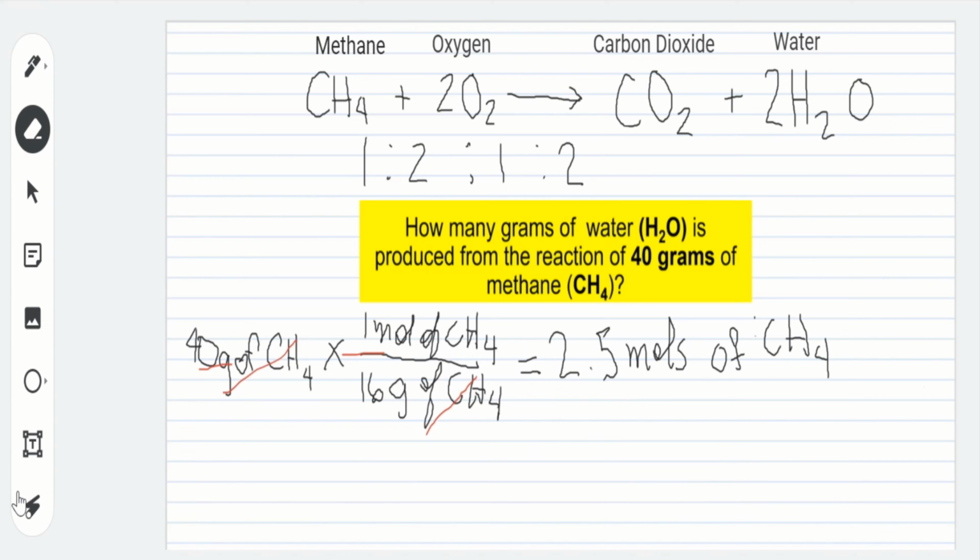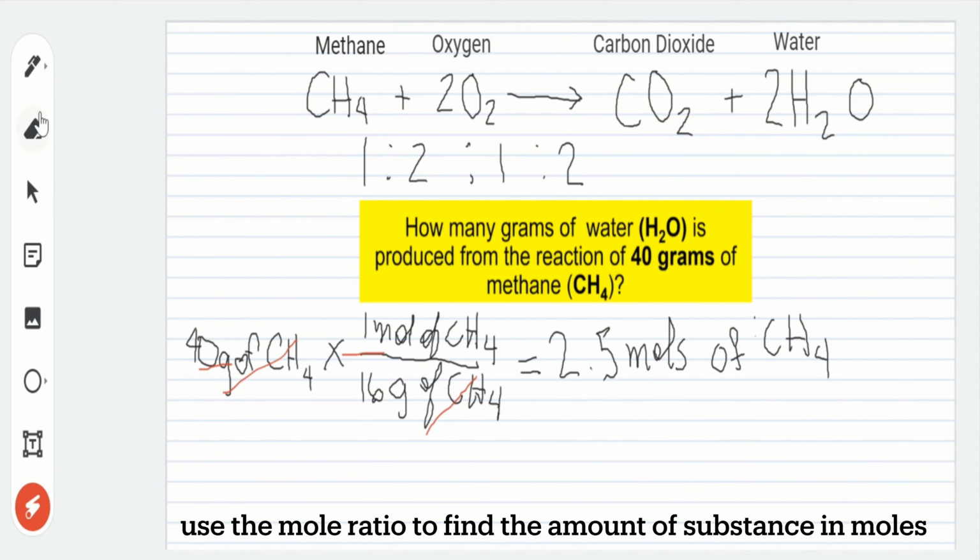Okay, so remember, gagamitin ulit natin yung ratio dito that we have. This is constant. Kahit na nababago yung dami ng reactants at ng products, same pa rin yung ratio, yung simplified. So, we all know that for every 1 methane, it will give us 2 molecule of water. Okay, so gagamitin natin yan na ratio here.